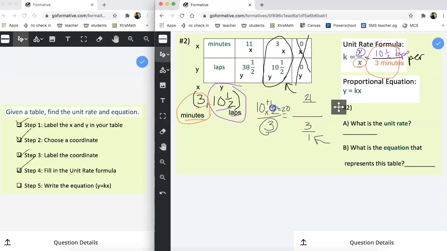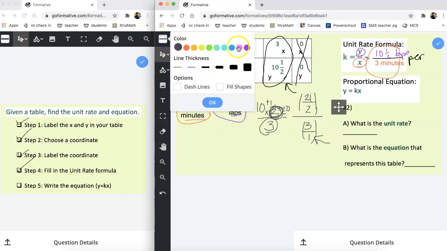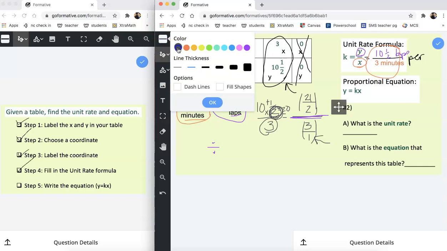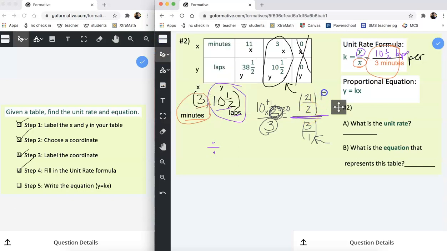That's the numerator. Then the denominator stays the same. So the denominator should still be a 2. And now I have 2 fractions. Once you have 2 fractions, the next step is to trade out this fraction bar division symbol for just a regular division symbol. And then you need to ensure that you put the numerator fraction first. So 21/2 goes first. Then you place the denominator fraction second.